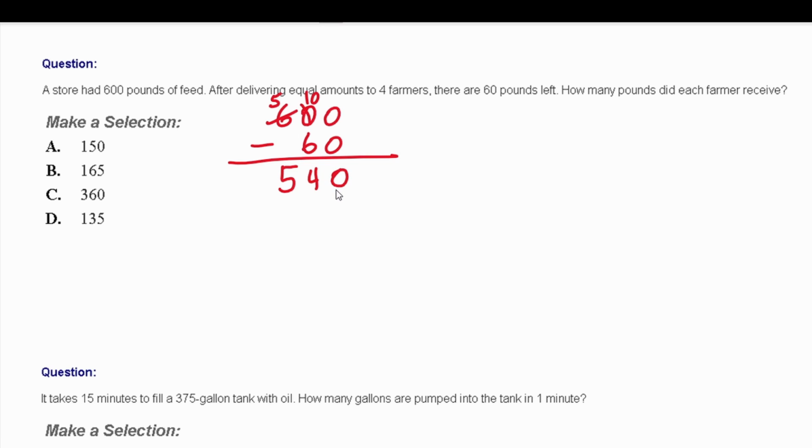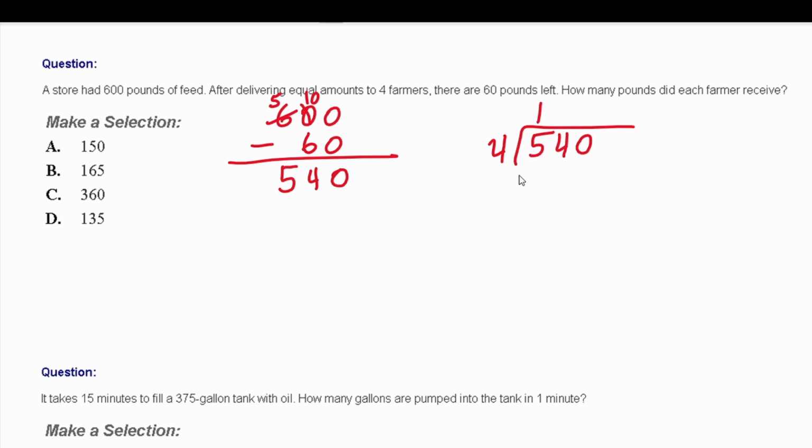So this says 540 pounds was distributed among 4 farmers evenly. So we're going to do 540 divided by 4. By working this out, we'll figure out how much each farmer got. Now we're asking ourselves how many times 4 goes into 5.